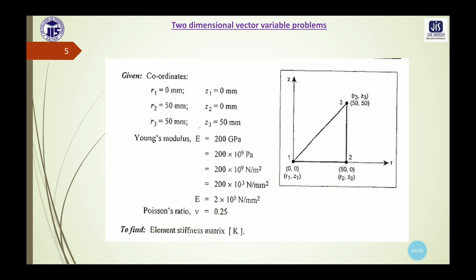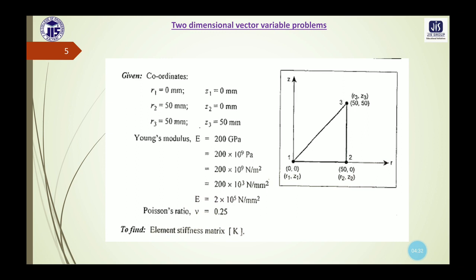Now the value of Young's modulus, capital E, is given as 200 GPa. Here G means gigapascal, so that is 200 into 10 to the power 9 Pascal. 1 Pascal is 1 Newton per meter square, so you can perform the unit conversion here.